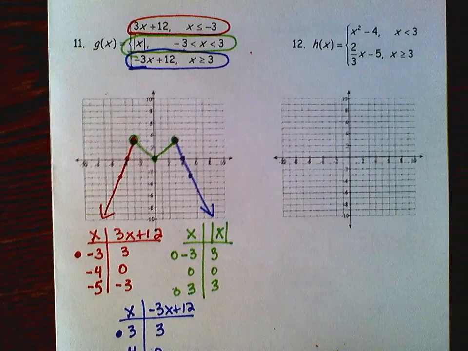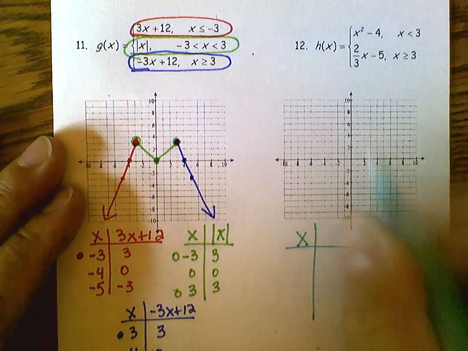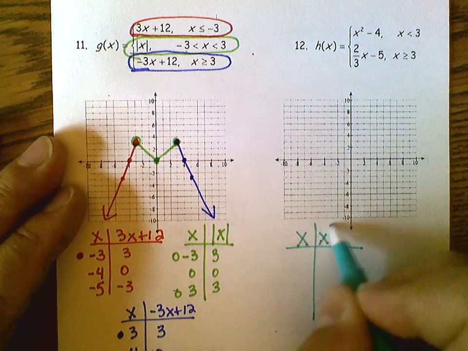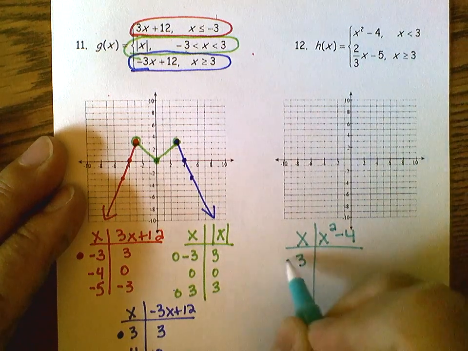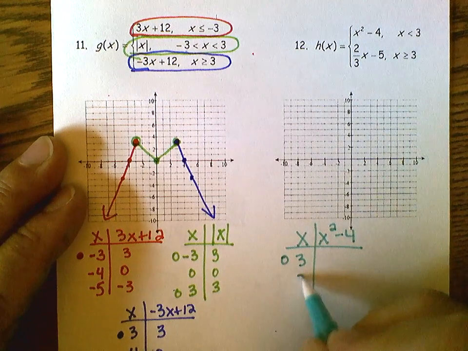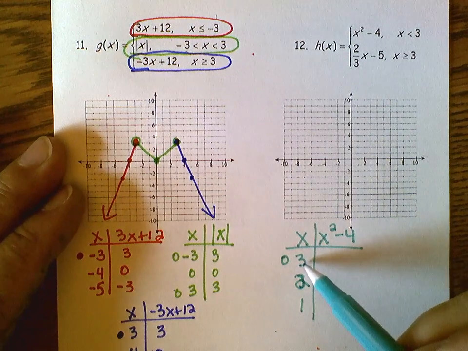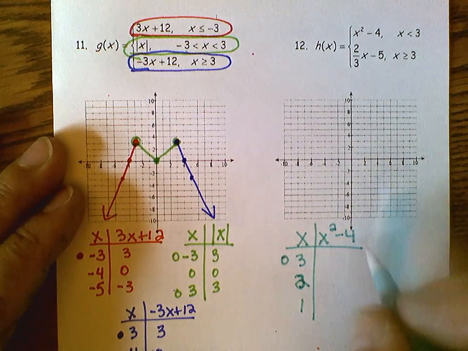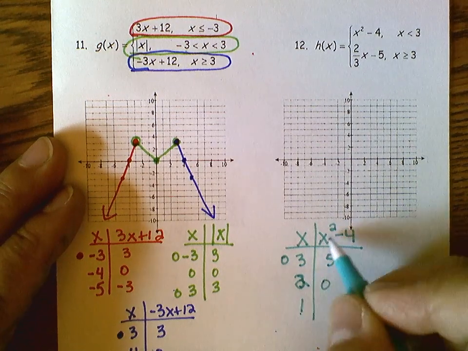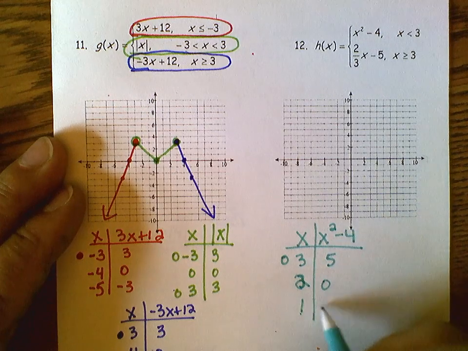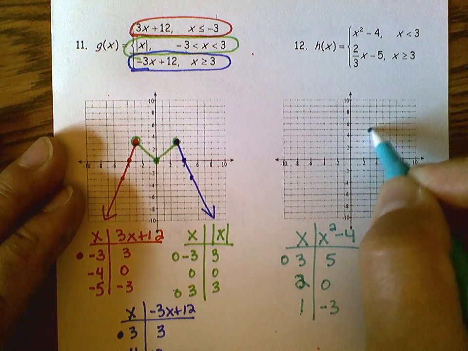Last one. I have 2 pieces to this one. For the first piece, we have x squared minus 4. The endpoint is at 3. It's an open circle, and we want less than, so I'm going to 2 and 1. Plug in my x values. 3 squared is 9, minus 4 is 5. 2 squared is 4, minus 4 is 0. 1 squared is 1, minus 4 is -3. 3, 5.